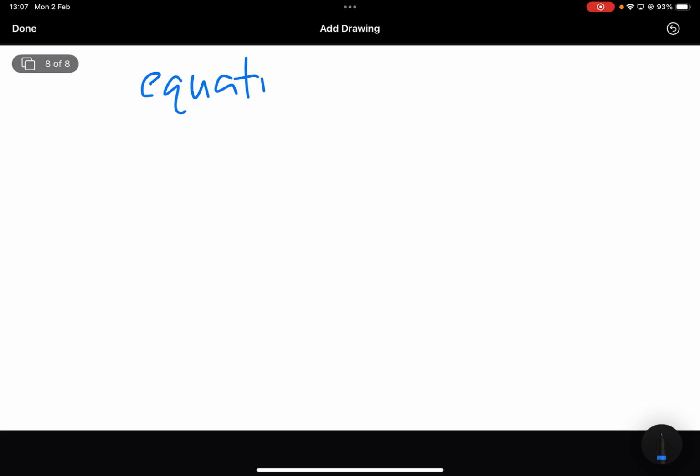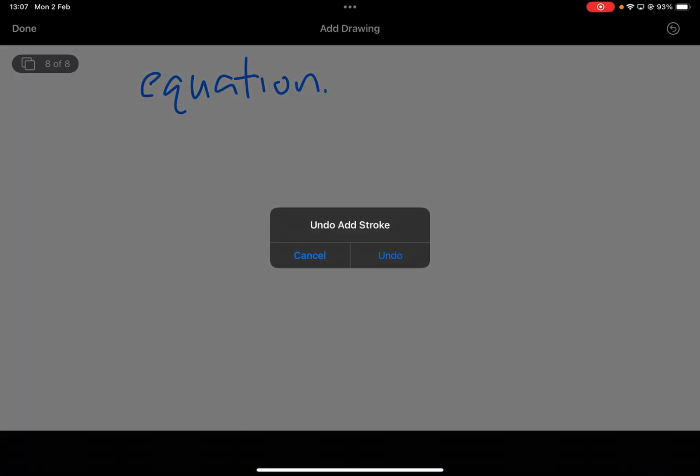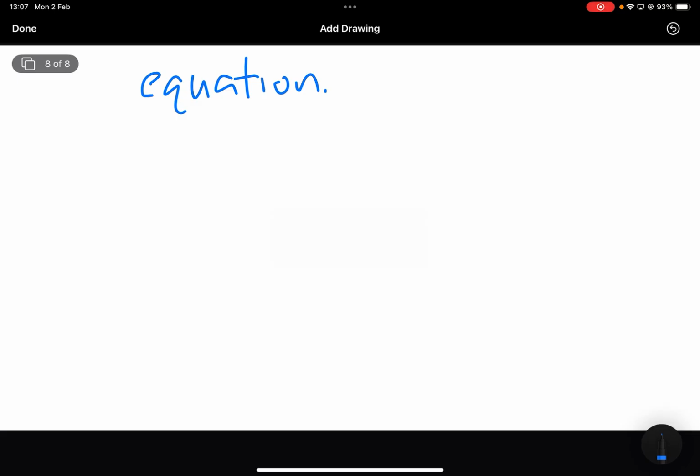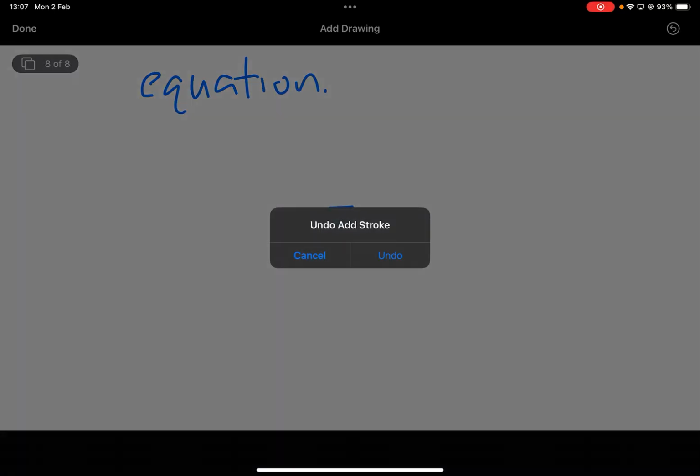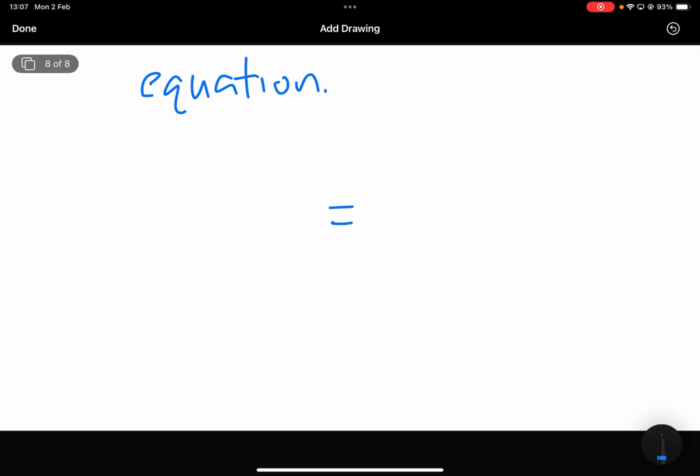Okay. So far, I have been stressing, what do you need to know for an equation? An equation has an equal sign. The equal sign will divide this line into your left hand side and your right hand side. Okay?